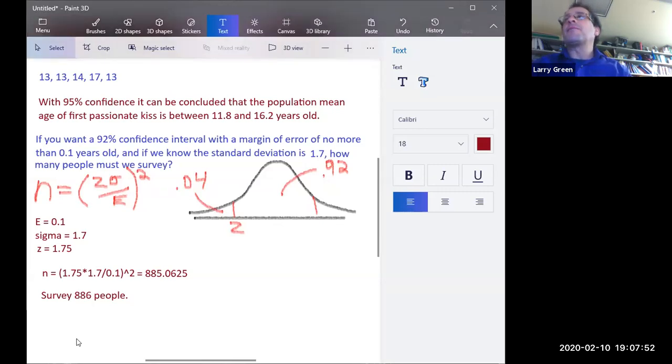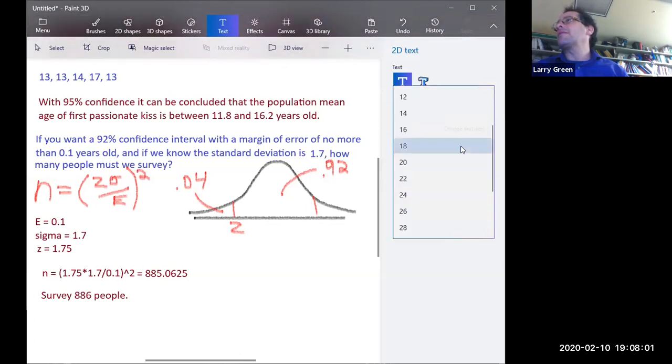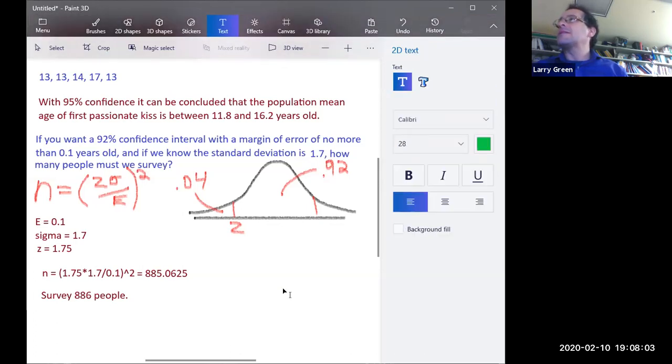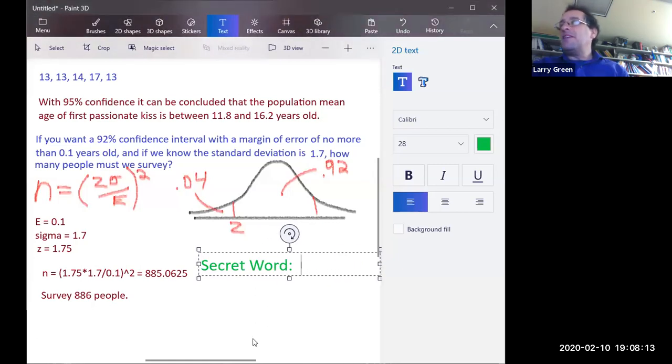Okay, so that's about what I need to say, but I need to tell you what the secret word is. Maybe I'll do it in green. And the secret word is population.